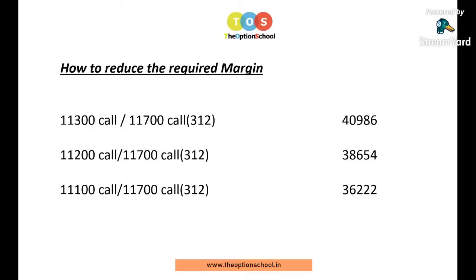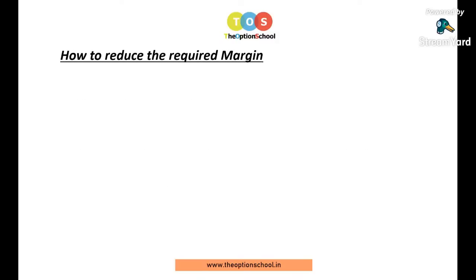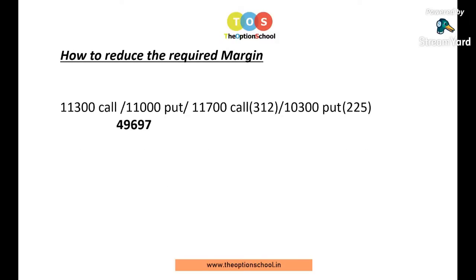Now, let's see another case. In this case, what we have done, for 11,200 we have also purchased a call for 11,100. So margin requirement gets drastically reduced. Now, see this case.